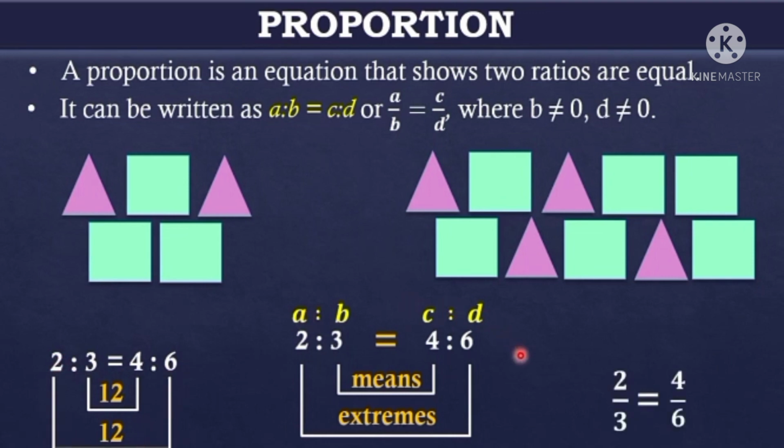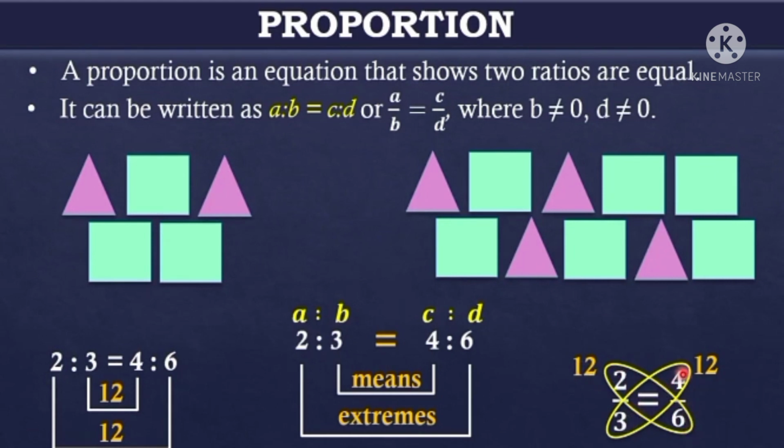Or you may use cross multiplication. We will multiply 2 and 6, this is 12. And multiply the means, this is also 12. So as you can see, the product of the extremes is equal to the product of the means.